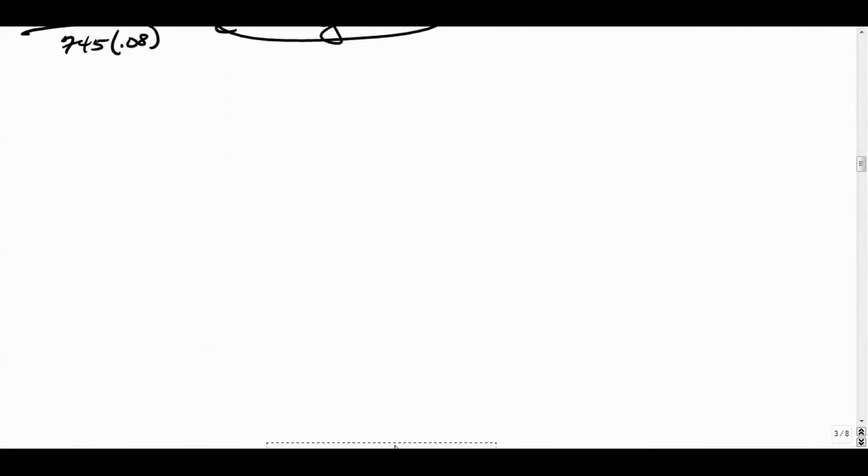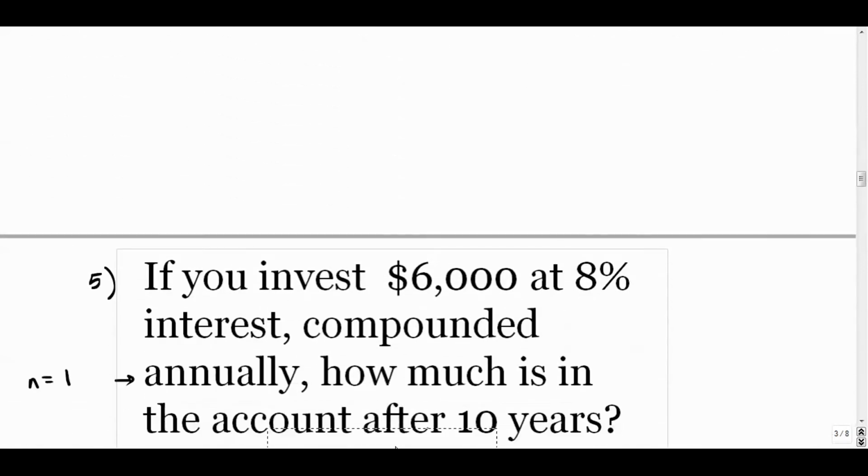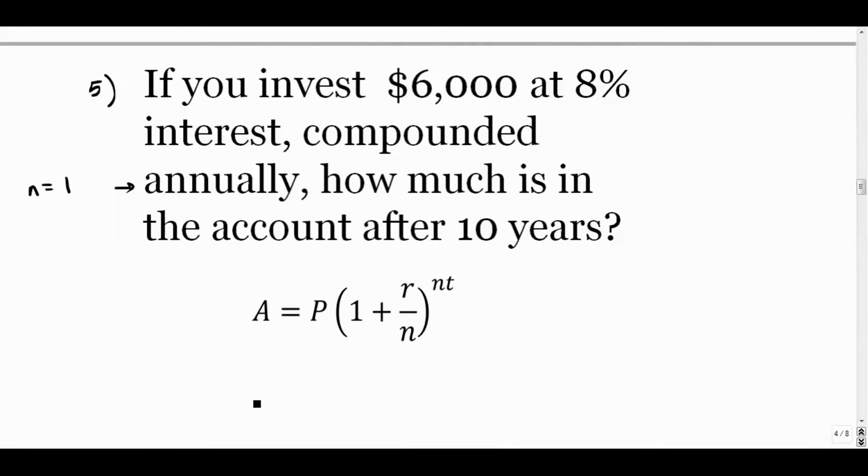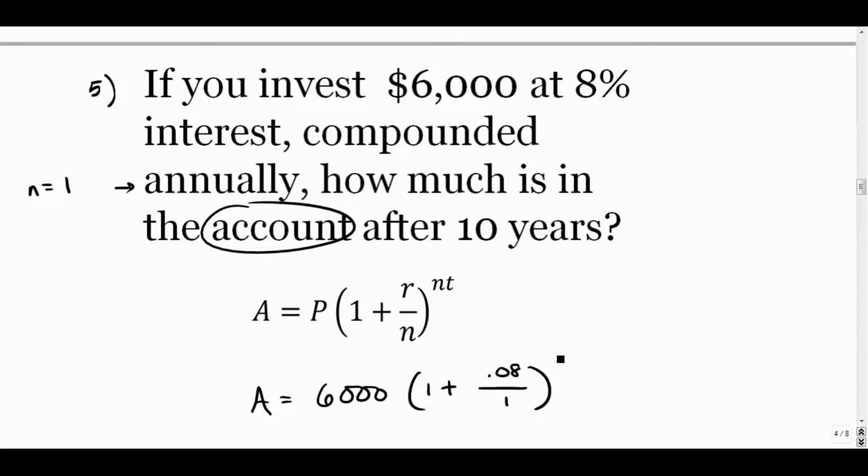So let's see here. In this case, A is the amount that is going to be in the account. So that's going to give us the answer right away. So let's say $6,000 times 1 plus the rate, 0.08, over the n value, which is 1, raised to the n value, which is 1, times the time, which is 10.